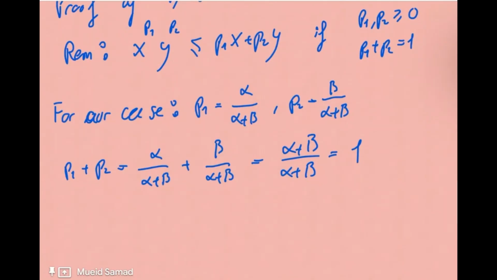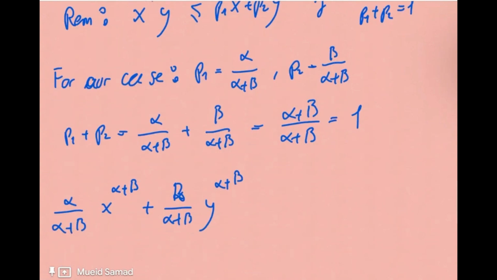We want to start with the right-hand side. So alpha divided by alpha plus beta times x to the power of alpha plus beta, plus beta divided by alpha plus beta times y to the power of alpha plus beta. Now, let's treat these things as our x's and y's, so this is basically x prime and y prime.